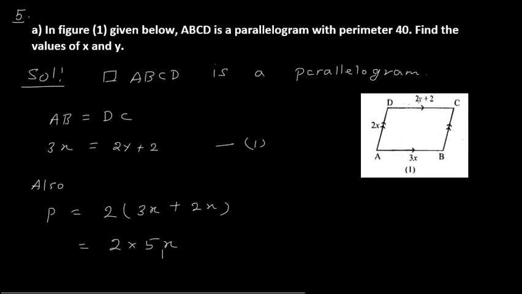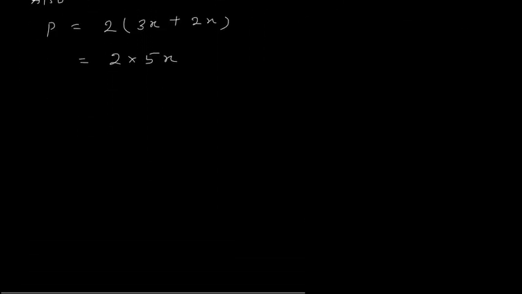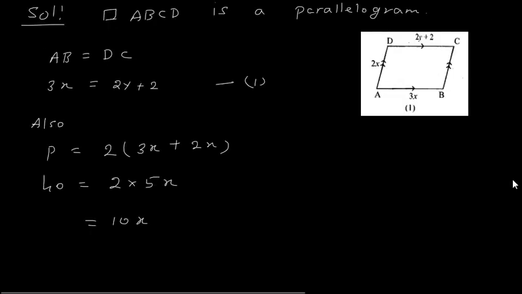And here the perimeter is 40, so 40 equals 10x. This gives the value of x as 40 divided by 10, that is 4. So the value of x is 4.